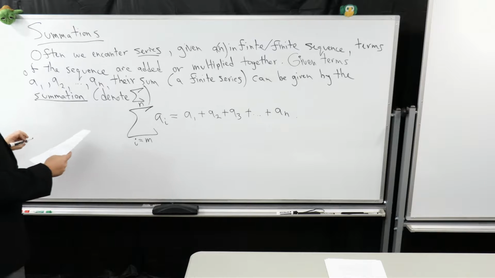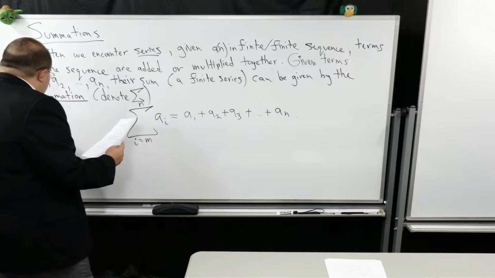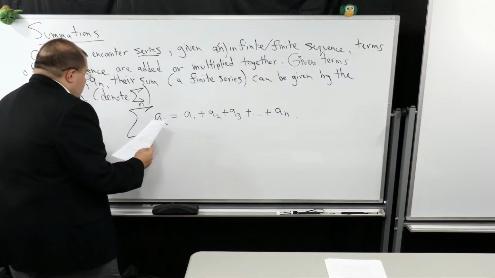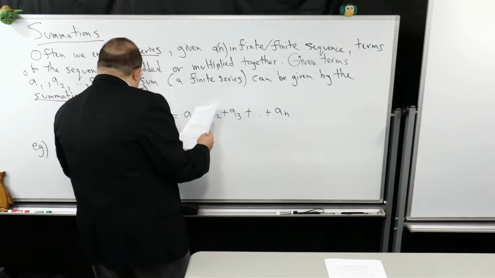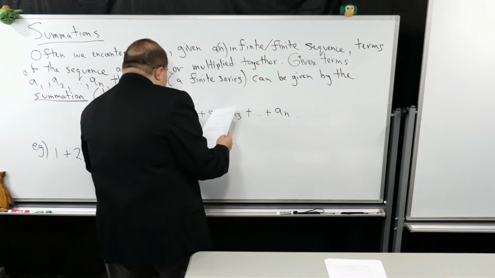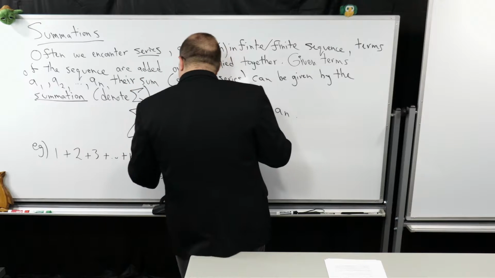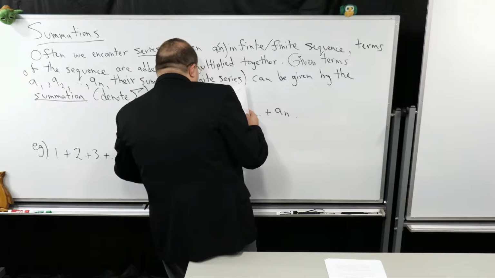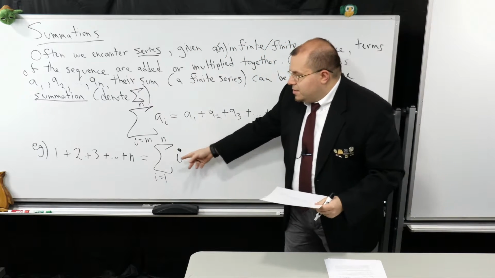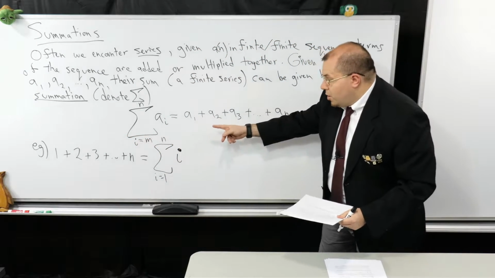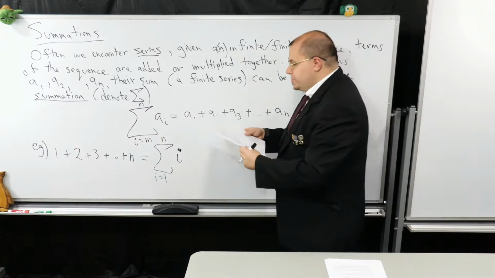So I'm just going to give you an example of what I mean by one of these. If I give you 1 plus 2 plus 3 plus all the way up to n, this would be the sum from i equals 1 to n of i. So notice that my i here is each one of the numbers from 1 all the way up to n. It starts at 1, goes up to n.